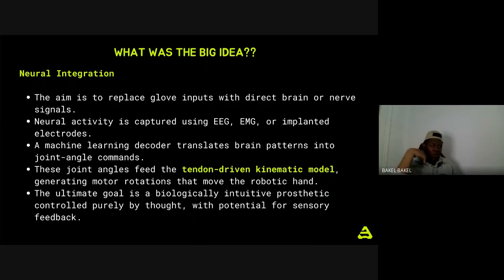What they came to me with was, in order to be sure that the robotic hand works, they have to build the robotic arm and then have software on the robotic arm. They said, we want to use the human brain to control the arm.